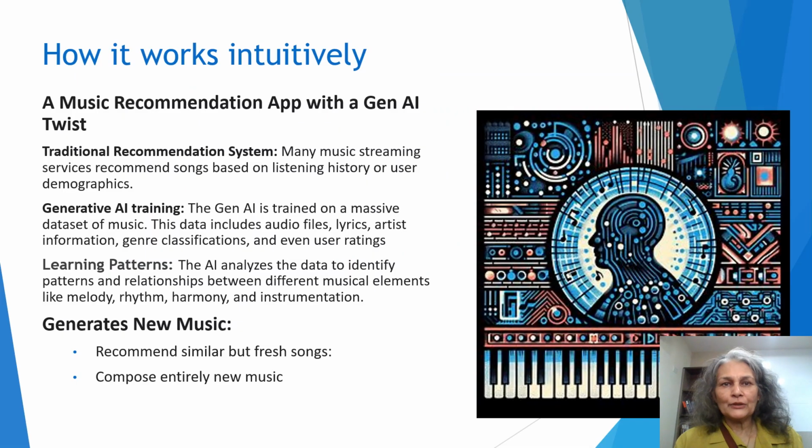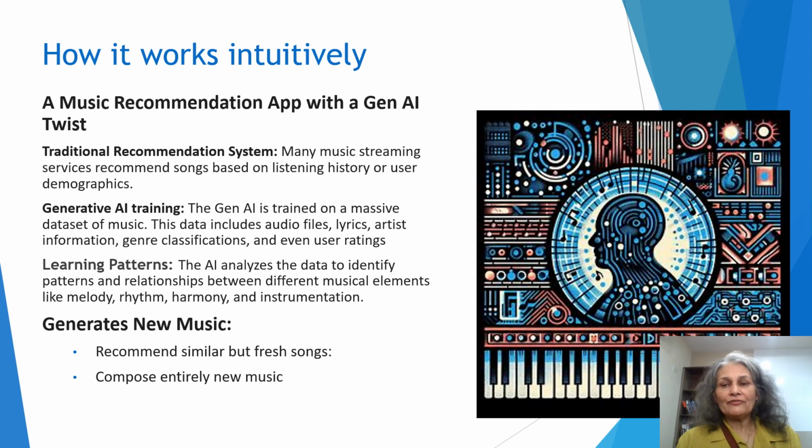So how does it work intuitively? Let's take a slightly different example from the usual text-to-image generation examples. We'll look at a music recommendation app with a generative AI twist.